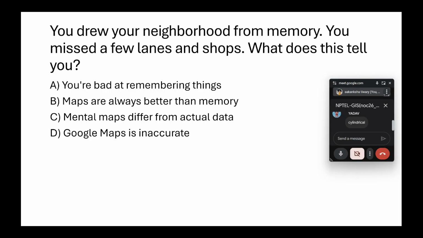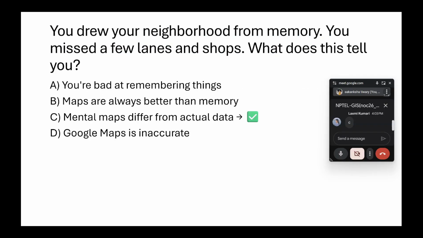And D is Google map is inaccurate. So what is that telling you? See, so mental map actually differs from actual data.